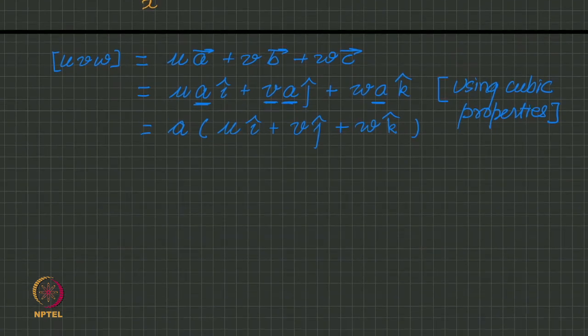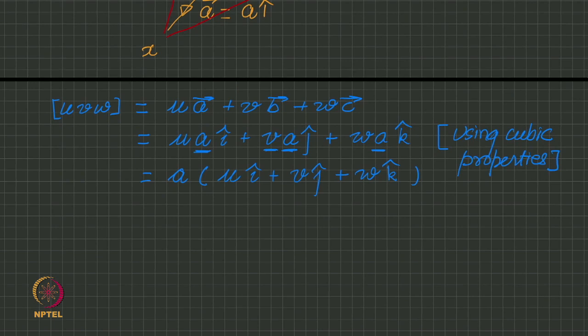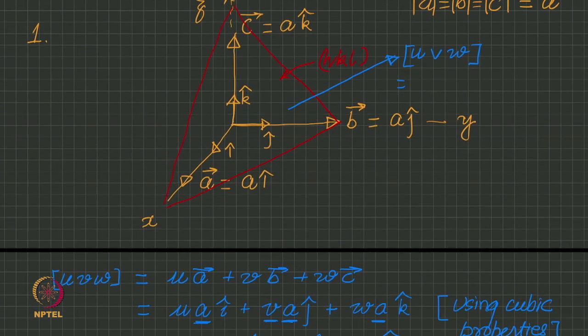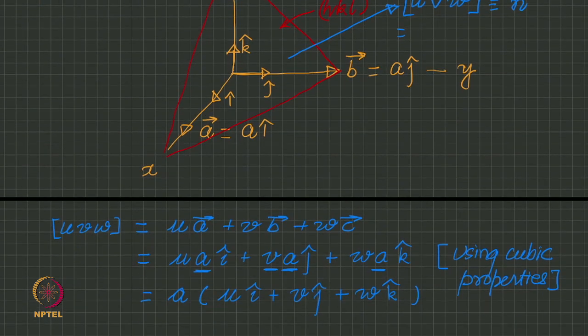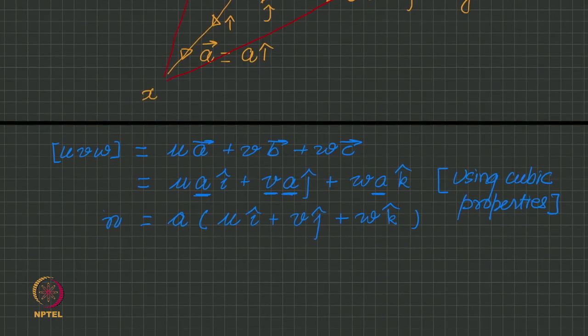So, this is our normal vector. This was the Miller indices of the normal vector. Let us say that the normal vector is n.